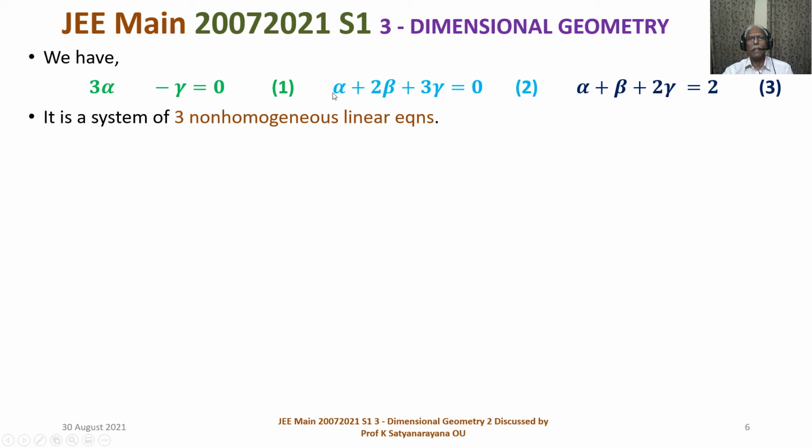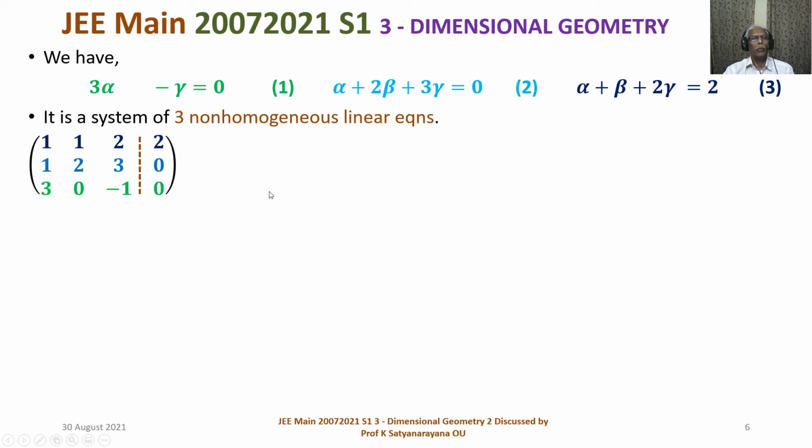The second row I will take corresponding to the second equation. The third row I will take corresponding to the first equation. So therefore this will be 1, 1, 2, 2 and 1, 2, 3, 0 and 3, 0, minus 1, 0. So you got a system here and it tells you that it is the system of three non-homogeneous linear equations.